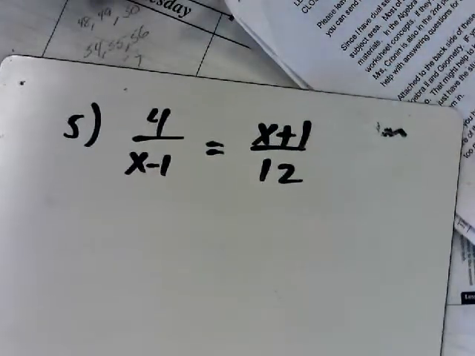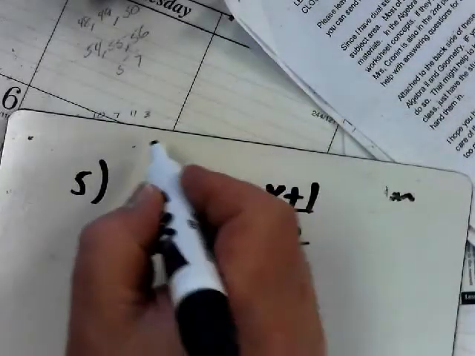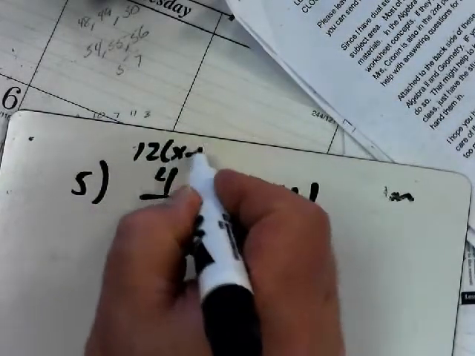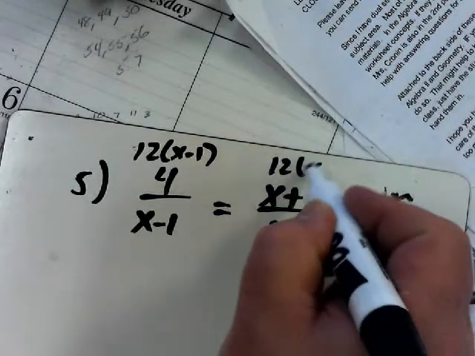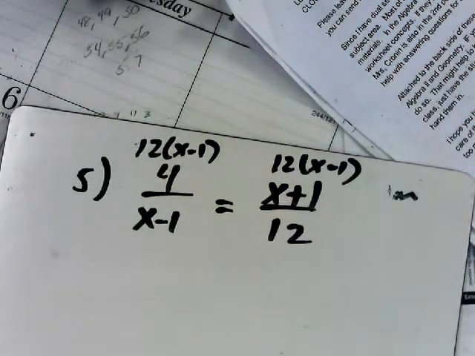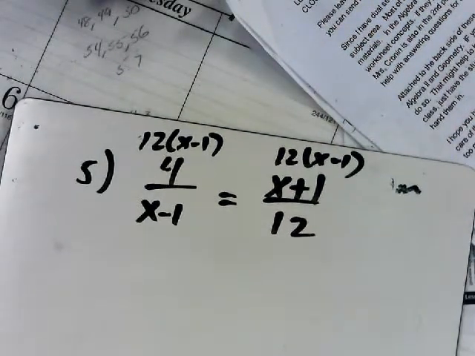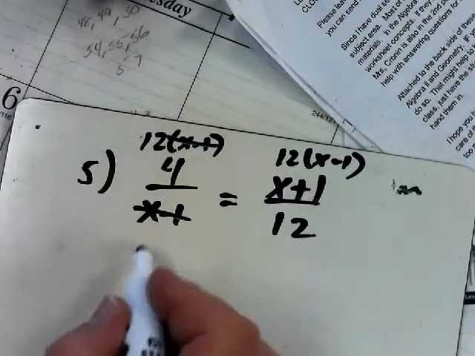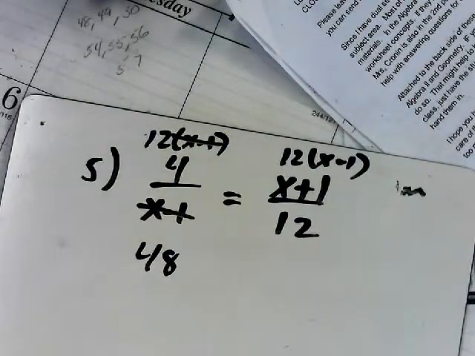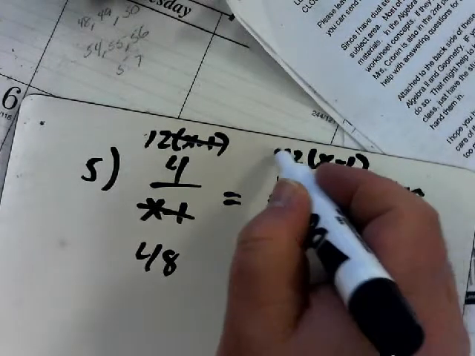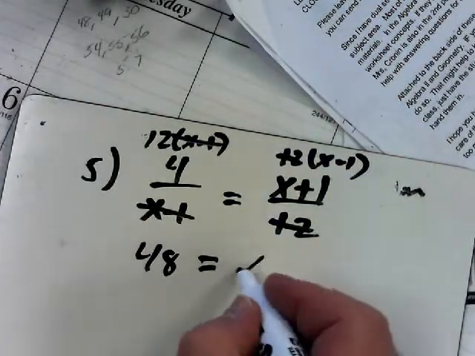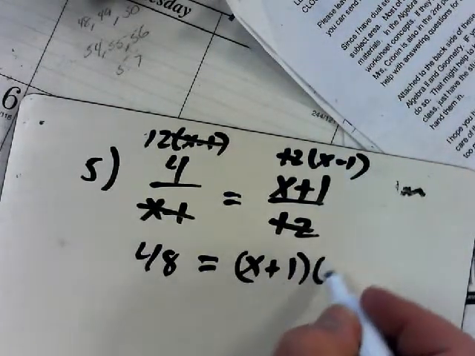What's your common denominator? Okay. This cancels this, so I have a 48. This cancels this, which means I'm going to have to take x plus 1 times x minus 1.